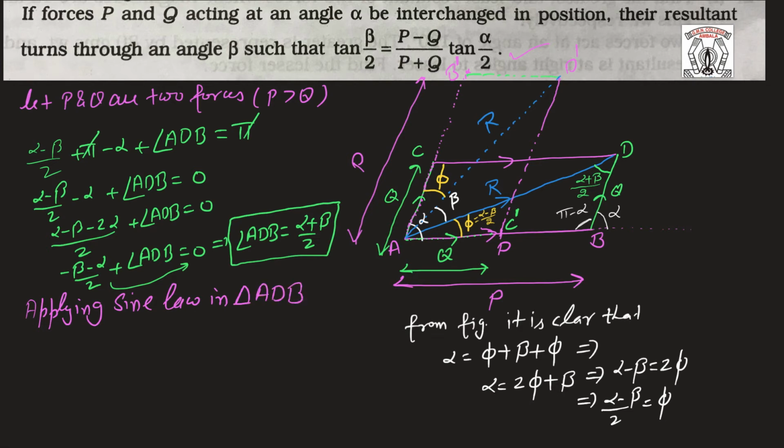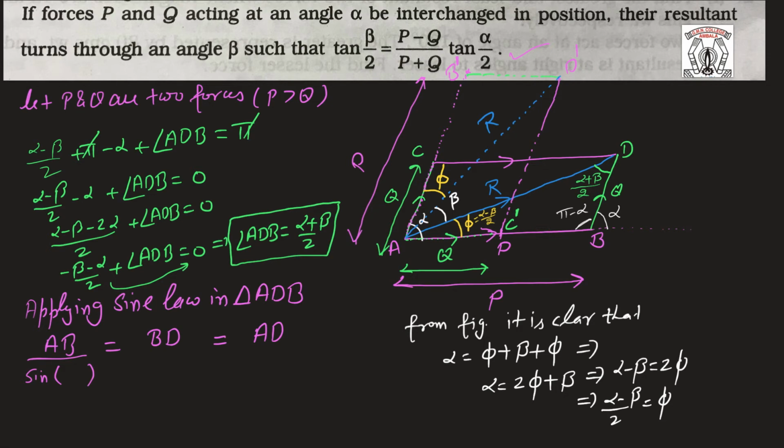So write the sides: AB is equal to BD is equal to AD, each divided by the sine of the angle opposite to that side. The angle opposite to AB is alpha plus beta by 2.